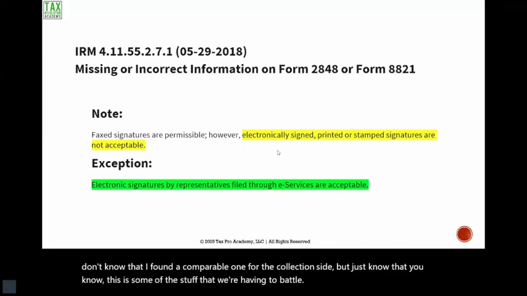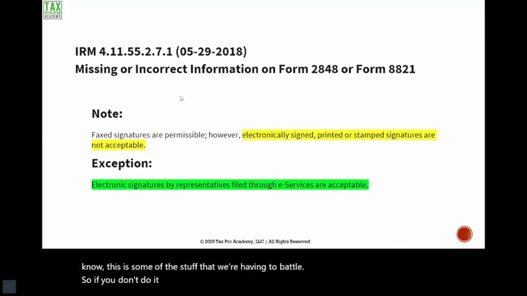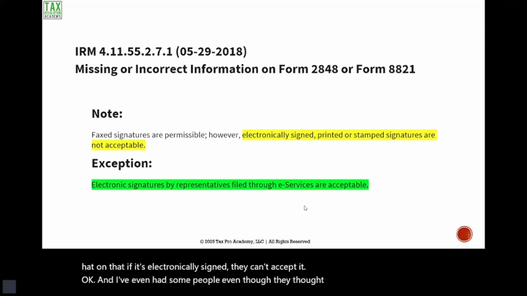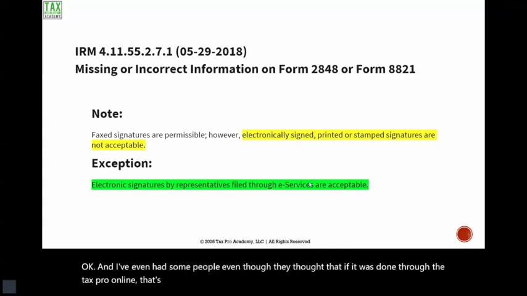If you don't do it correctly, this is where I think a lot of IRS employees are hanging their hat, that if it's electronically signed, they can't accept it. And I've even had some people think that, even if it was done through the Tax Pro online, that's technically through the e-services area, and that's supposed to be acceptable.